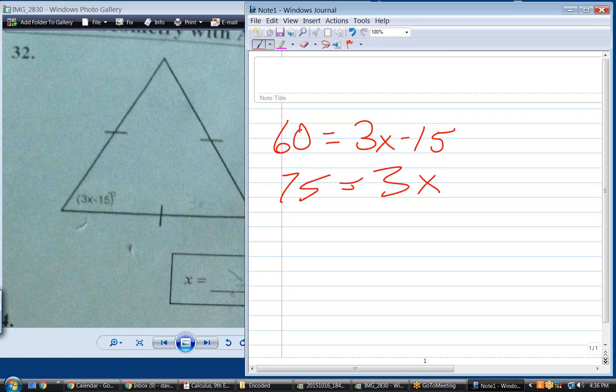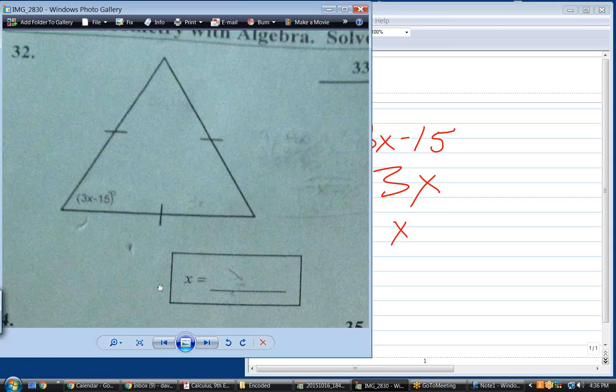Got it. And finally? And then you divide 3 by both sides, and you get x equals 25. Okay. And that's all we needed, was to solve for x. And that also means that's 60 degrees, if you check it.